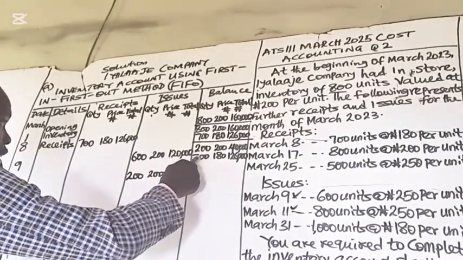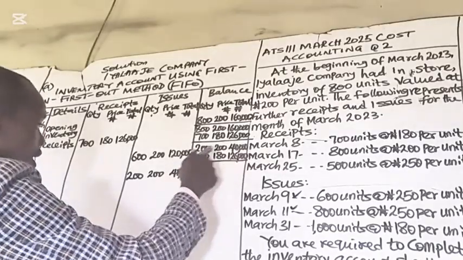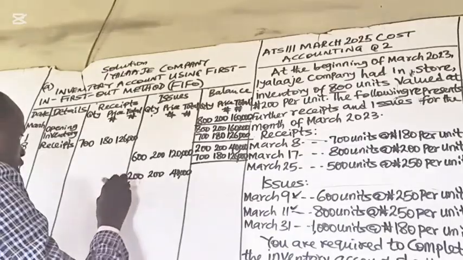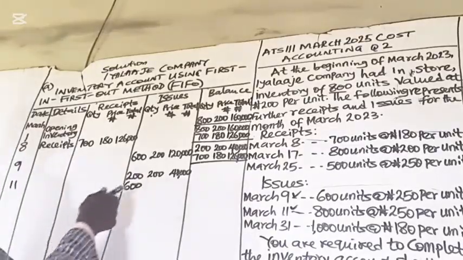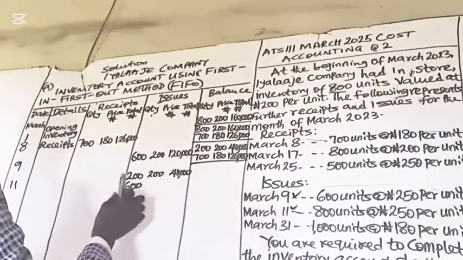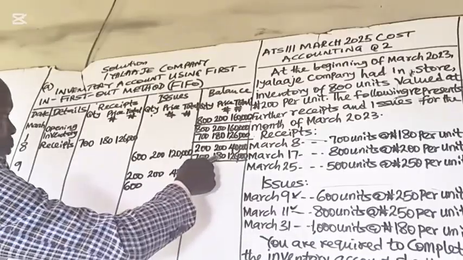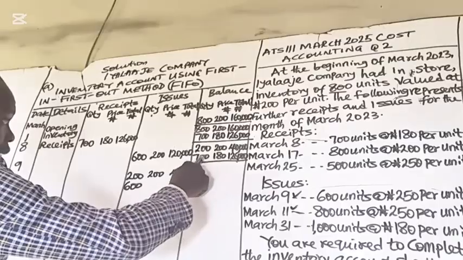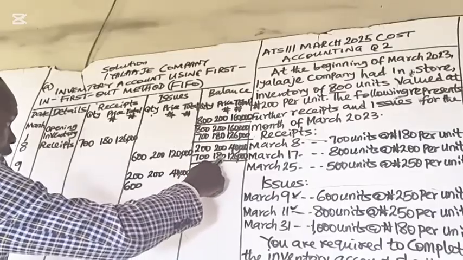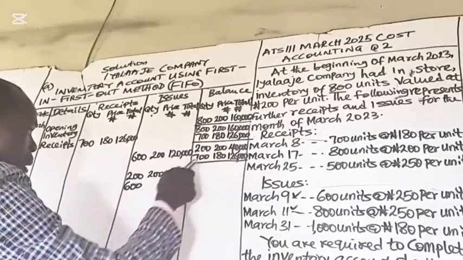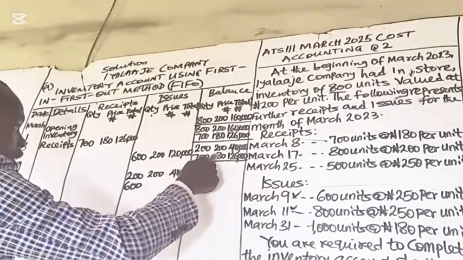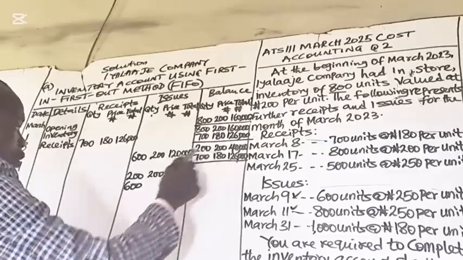You cannot issue that 600 from the first batch, so you issue 600 from this 700, in order to make it 800, and the oldest batch now is 700 at the price of 180, since you have exhausted the first. So that means the issue of 600 will be made from 700 at the price of 180.